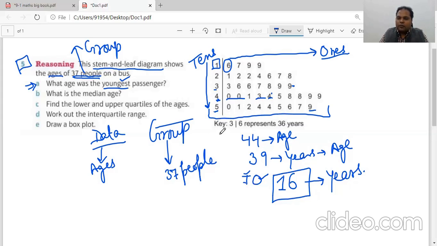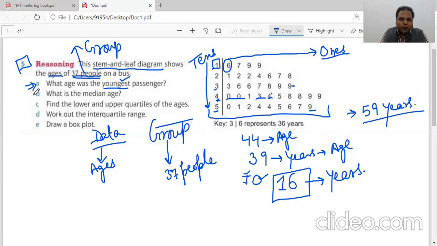That means we need to take the largest number from the tens and the largest one from the ones also. So the oldest person's age is 59 years. And this is how we can read the stem and leaf diagram.